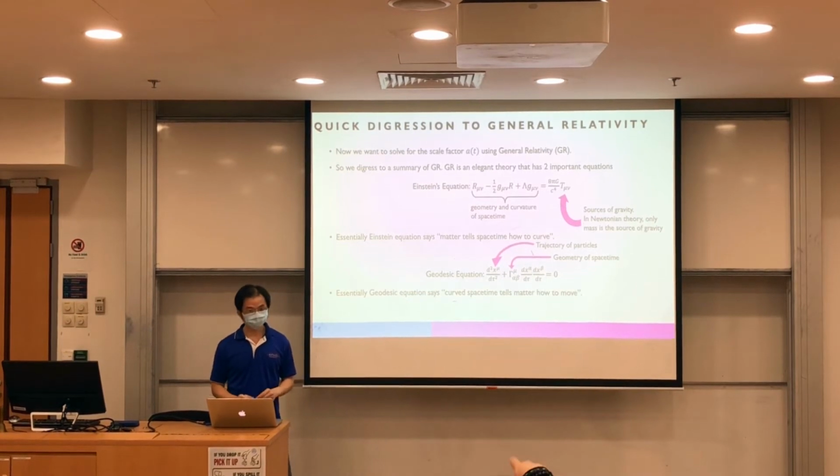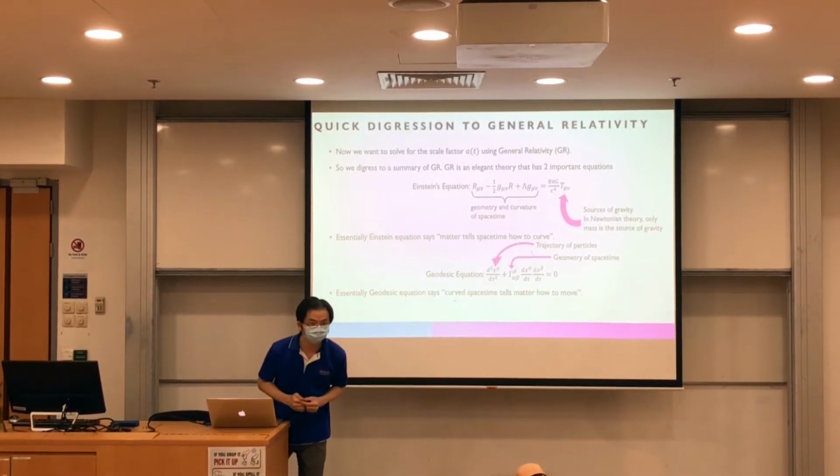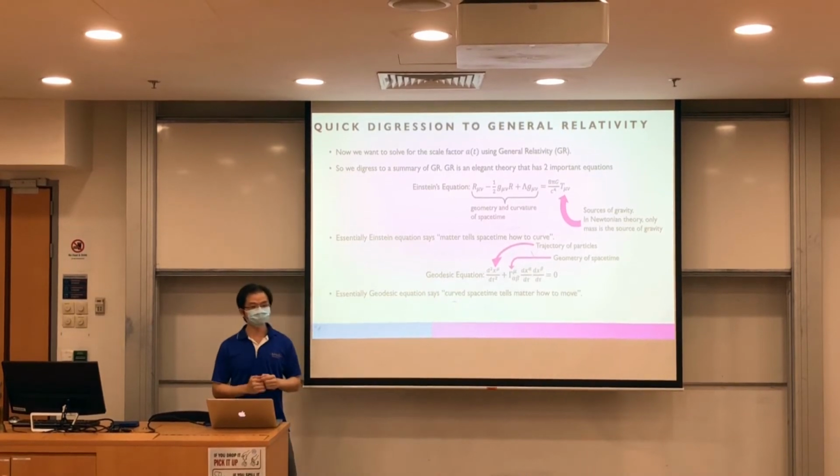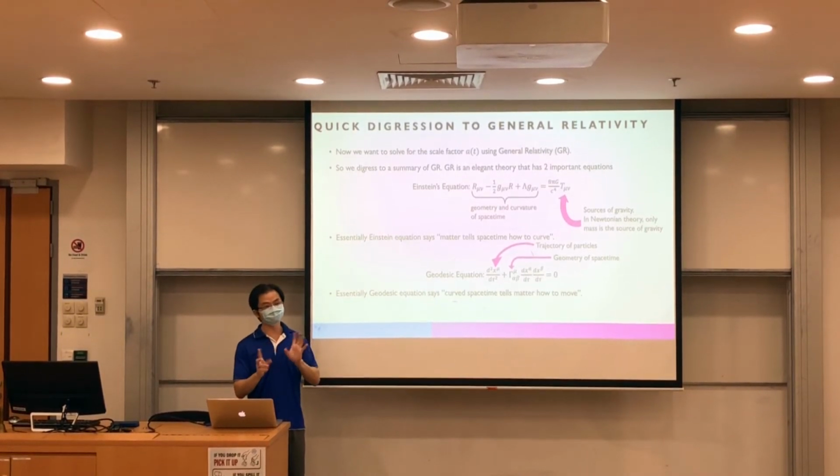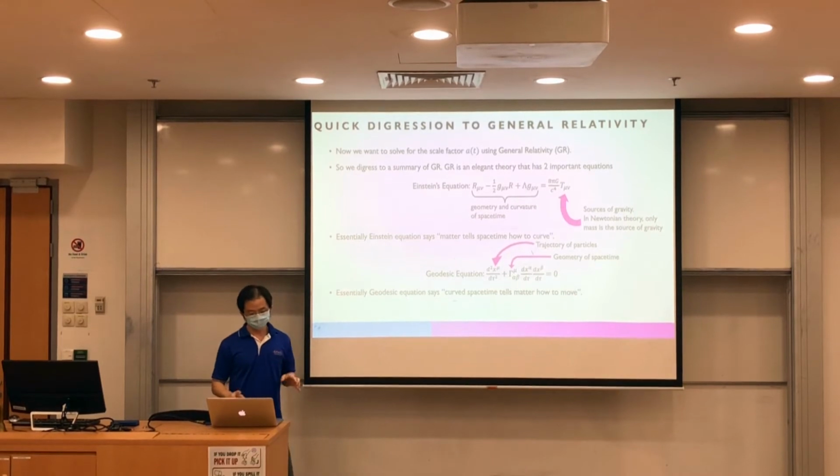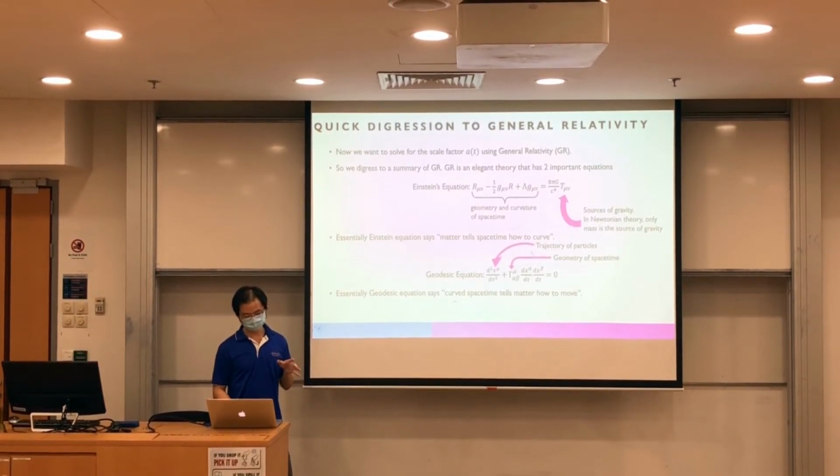But are those equations inverses of each other? No. As you can see, the meaning is not inverse. Basically, the first equation says that you specify your stuff first, your galaxies and so on, then you get the curvature.